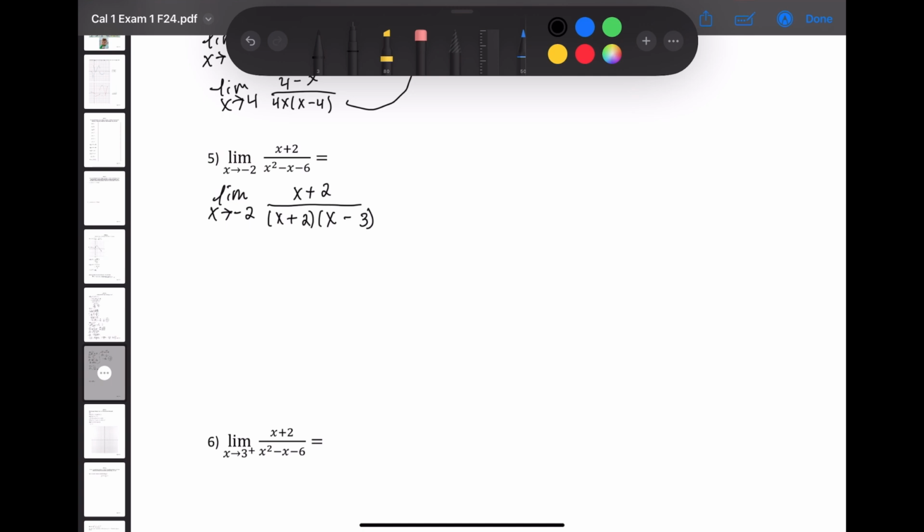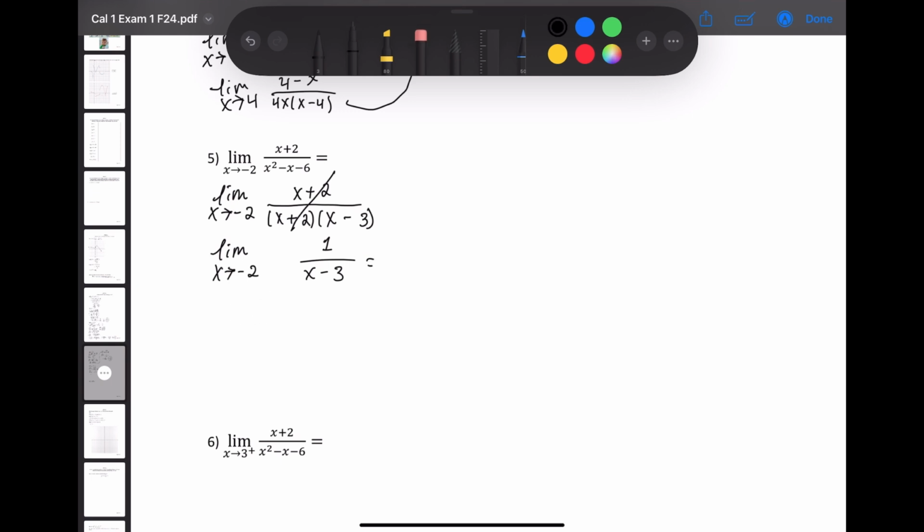And then once we see that, we can cancel this. So we're going to be left with limit x approaching negative 2 of 1 over x minus 3. Oh no, now we're evaluating.